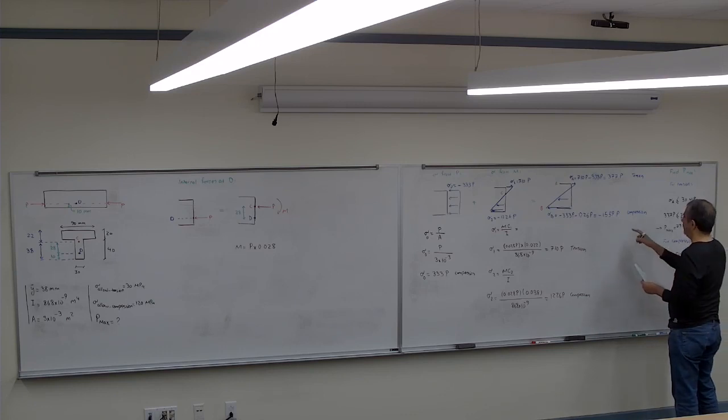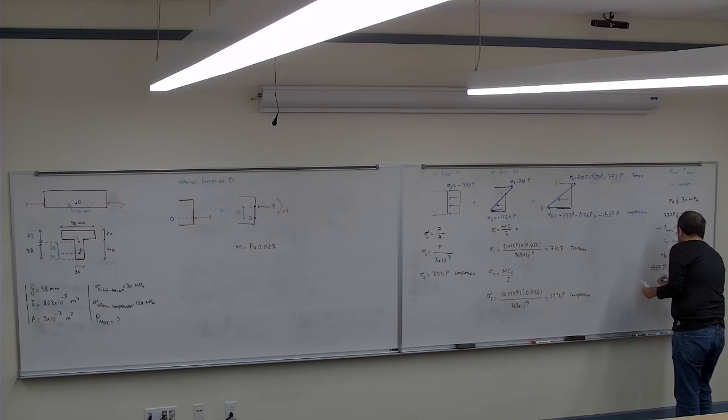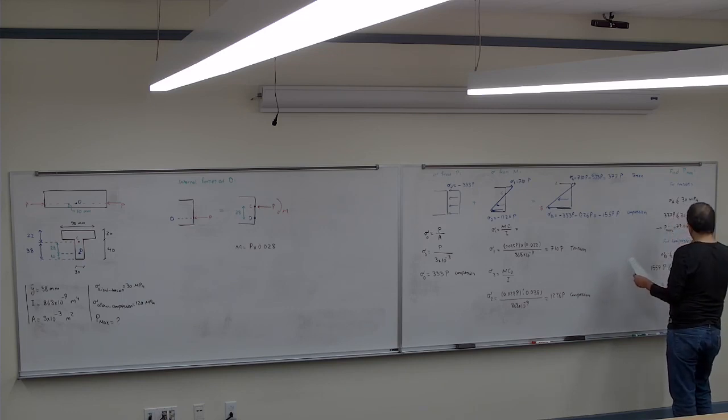So sigma at B is 1559P, should be smaller than 120 megapascal. So the P max would be 7.7777.